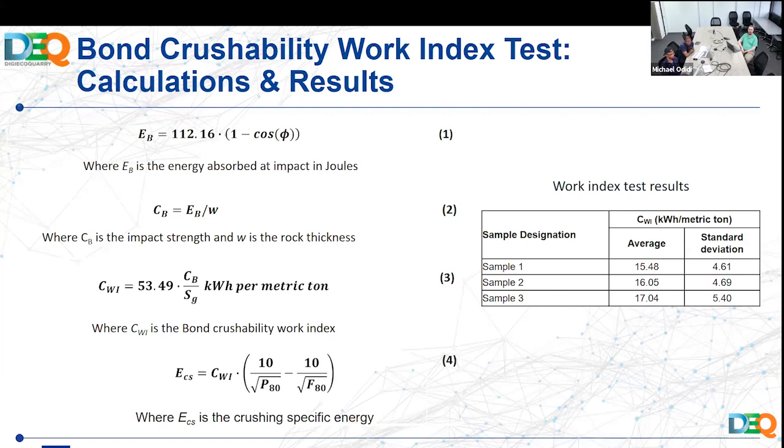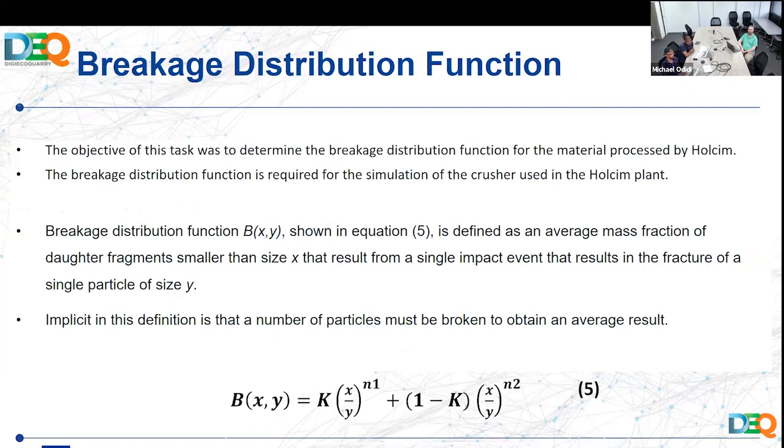The next thing that we had to do was the breakage distribution function. On the simulation software that's being used for this project, which is IDS, for the crusher simulations, you need to have distribution function inputs there.